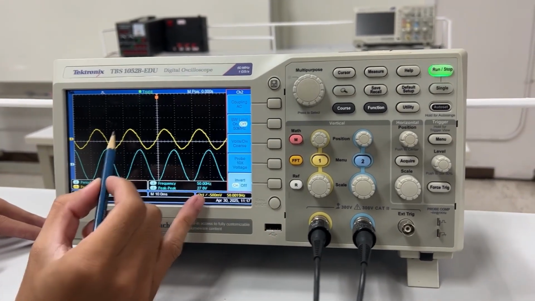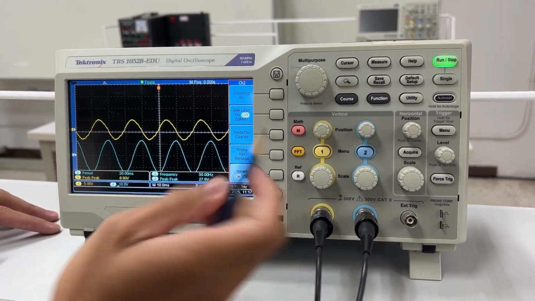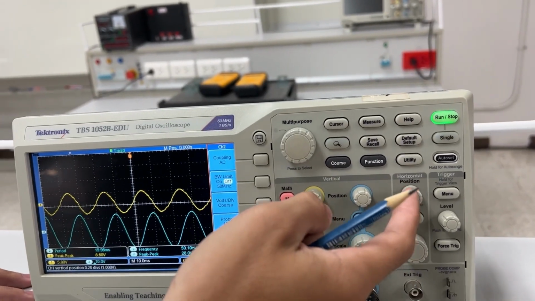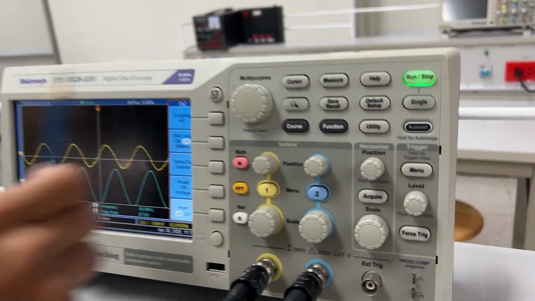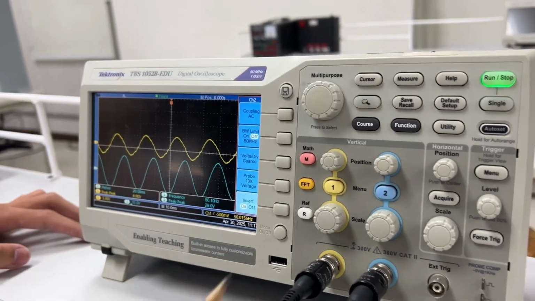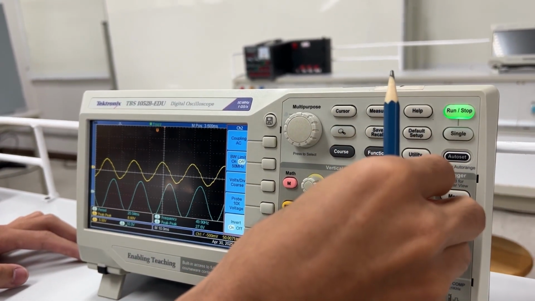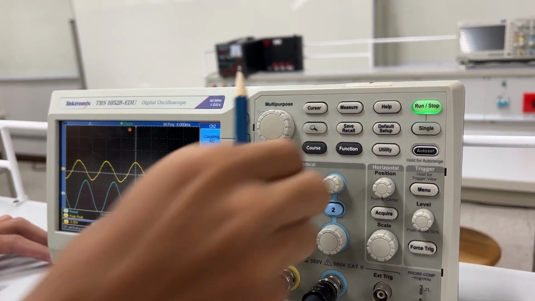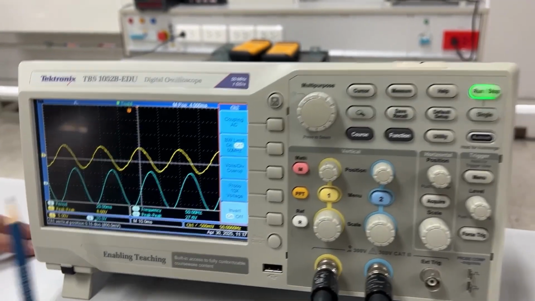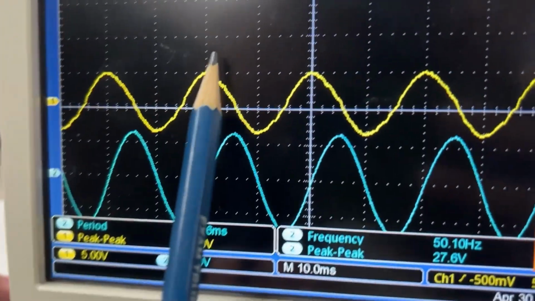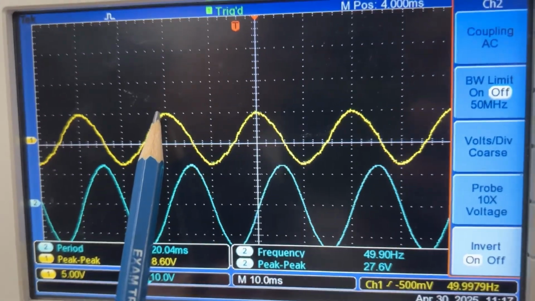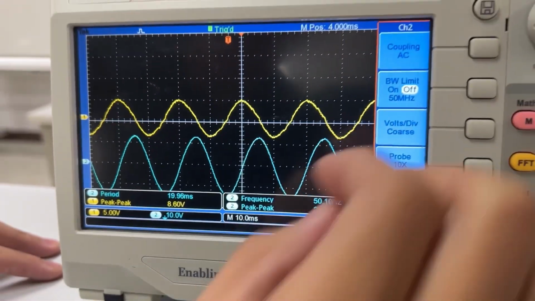It's best to have both of the amplitudes at the same line. To adjust the vertical position, use the upper knobs of both channels. So this will make it easier to make a cross right here and easy to do an observation.